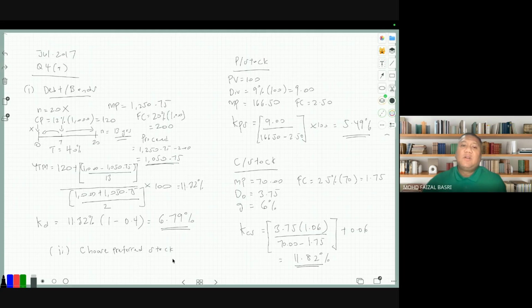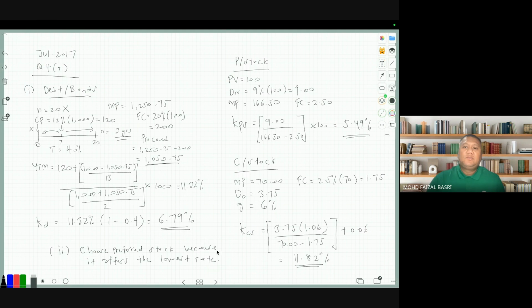Okay, so kalau you just jawab choose preferred stock, you dapat 1 markah out of 2. So how to get the full mark? You kena justify. Choose preferred stock. Why? Because it offers the lowest rates. So dengan justification ni, then you get the 2 marks. Okay. So jangan tak tulis langsung, sebab ada je cases sebelum ni, dia dah kira ketiga-tiga ni tapi dia tak tulis pun which one dia akan pilih.